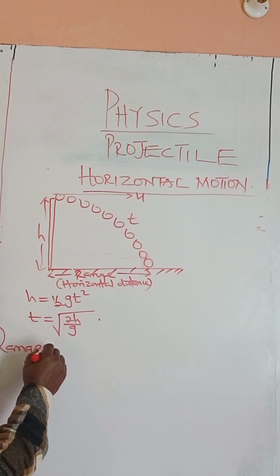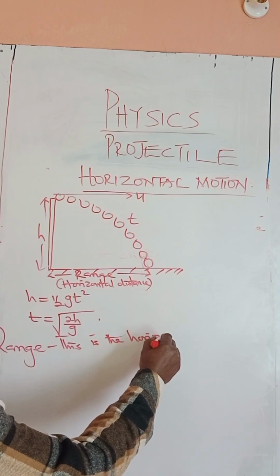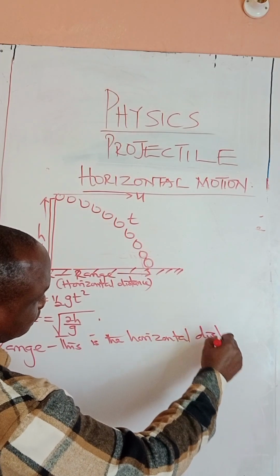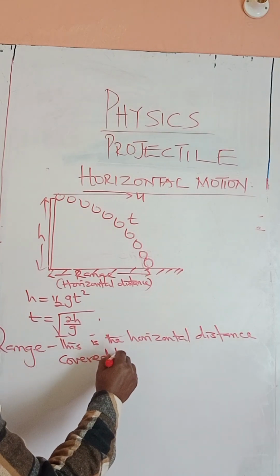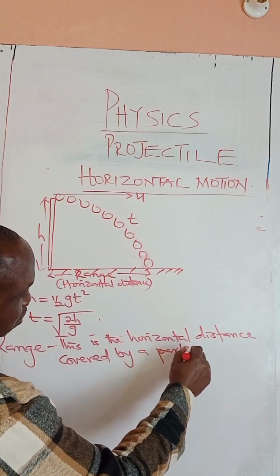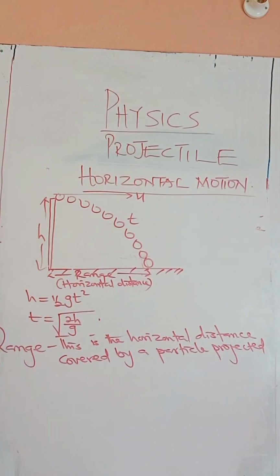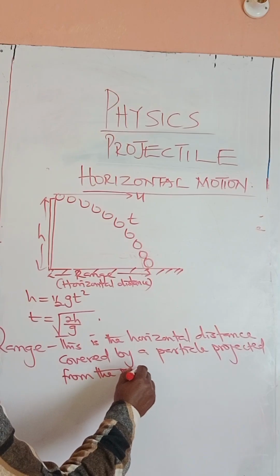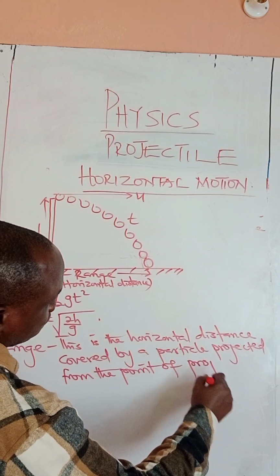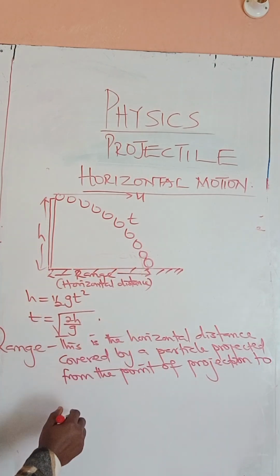The range of a projectile is the horizontal distance covered by a particle projected from the point of projection to the point of landing.